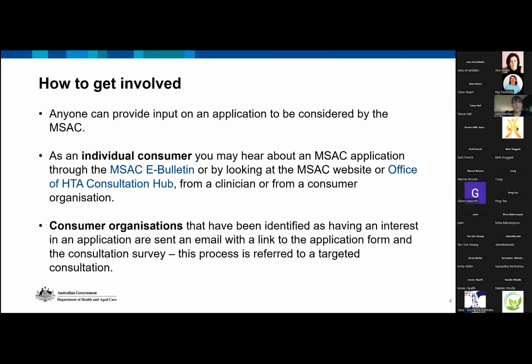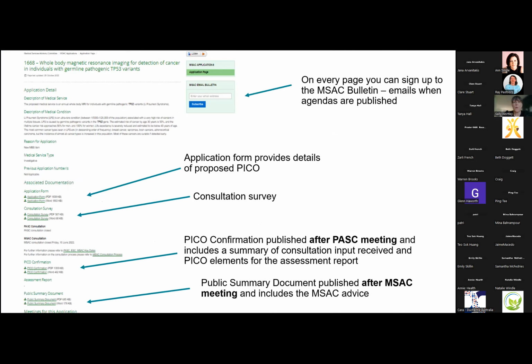So I'm just going to share what a screen would look like from the MSAC website. And this one is for MSAC application 1668. You can see it's called Whole Body Magnetic Resonance Imaging for Detection of Cancer in Individuals with Germline Pathogenic TP53 Variants. So that's the name of the application form.